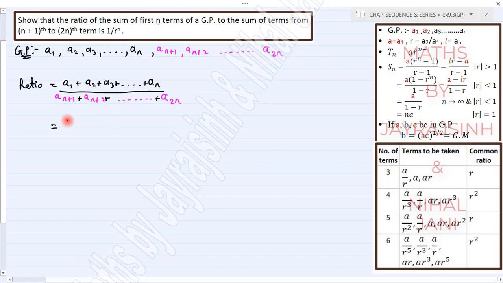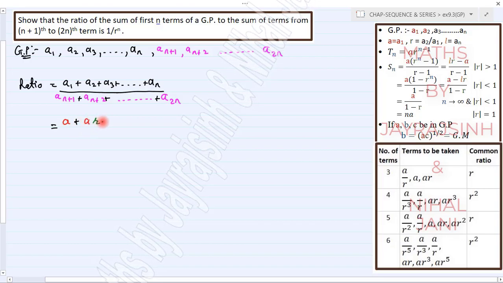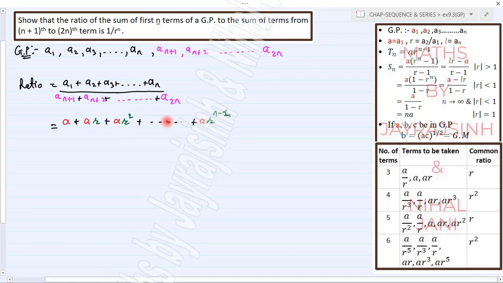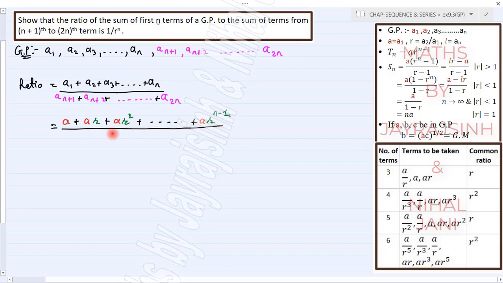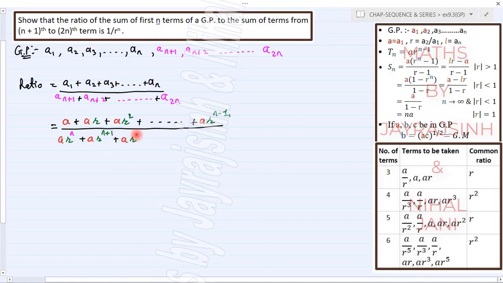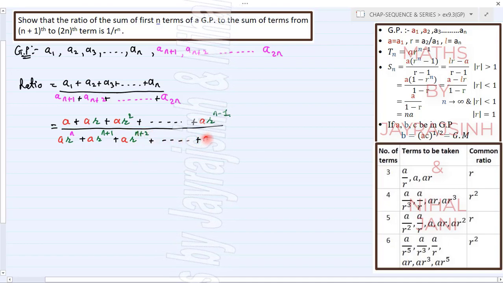So, if we use the general formula, we will get a plus ar plus ar square up to ar raised to n minus 1 in the numerator, and in the denominator we will get ar raised to n plus ar raised to n plus 1, ar raised to n plus 2 up to ar raised to 2n minus 1.